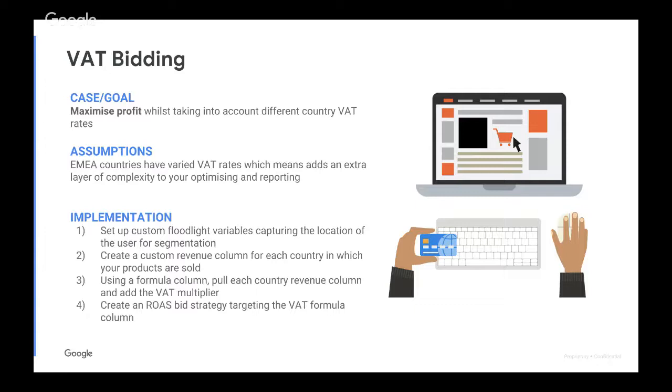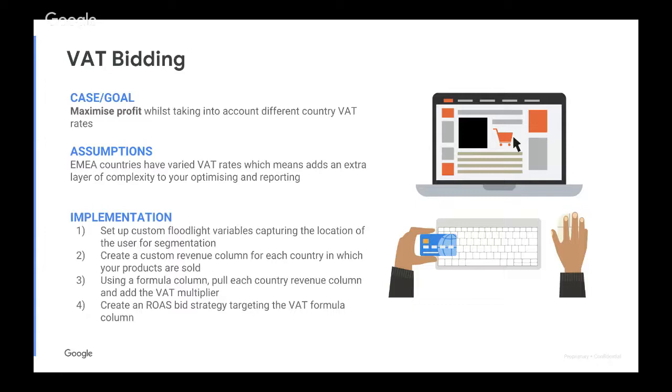So this is looking at the online options that we have. Again, looking at custom floodlight variables, it's easy to understand where a user is based on their site and what location they're in. By feeding the VAT rates of each individual country that you are currently selling in, we can tell DS the VAT rates and to exclude those VAT rates when it's looking at a bid strategy.